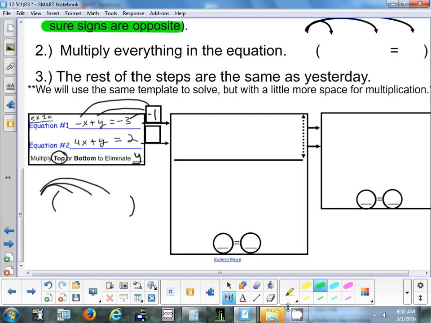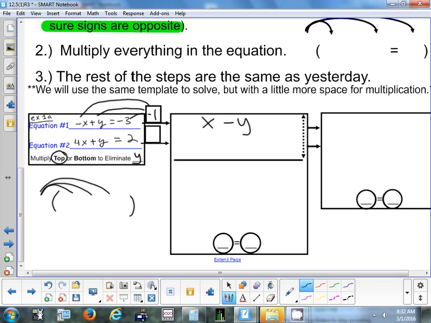I'm not worried, the bottom is all set. I don't have to do anything with that. By multiplying this by -1, that will eliminate my y. And that's what I want to do. So when I multiply -1 times -x, what do I get? x. When I multiply negative 1 times a positive y, what do I get? Negative y, good.